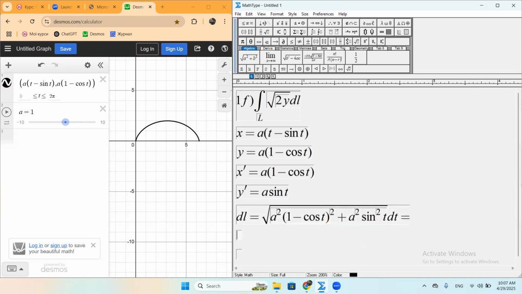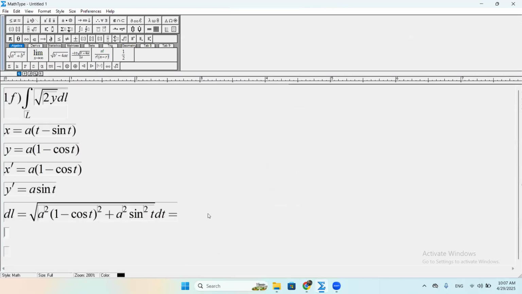Now let's simplify this differential of the curve length. Let's move a out of the square root: 1 plus 1 minus 2 cosine of t plus cosine square of t plus sine square of t, dt.